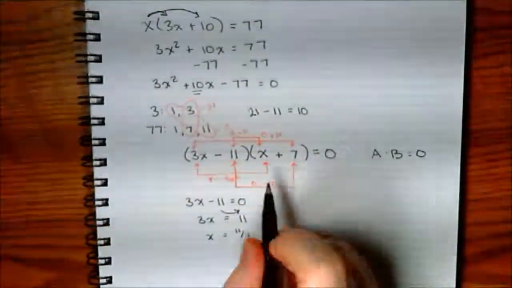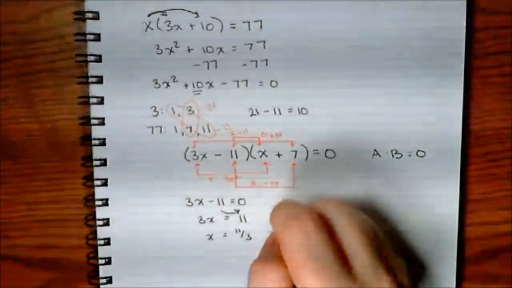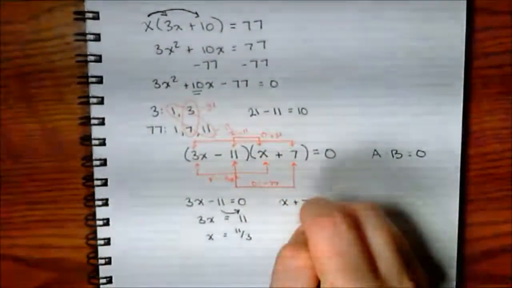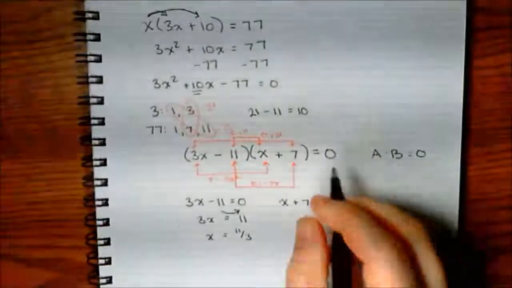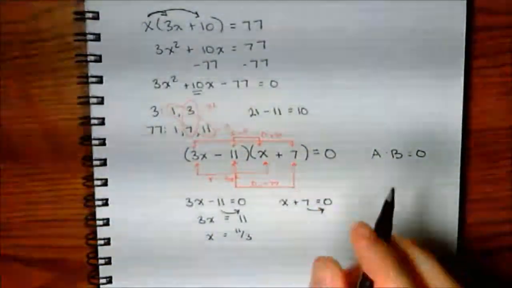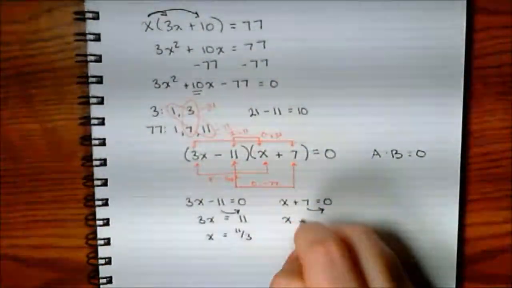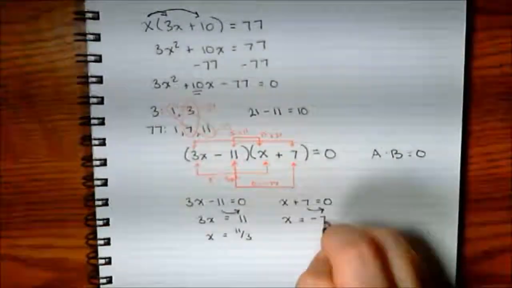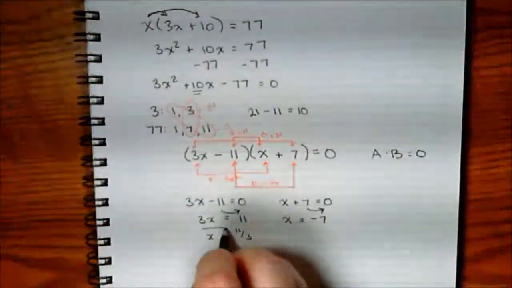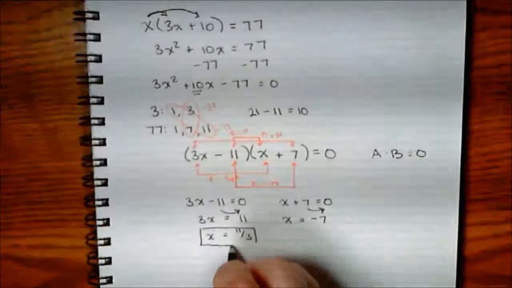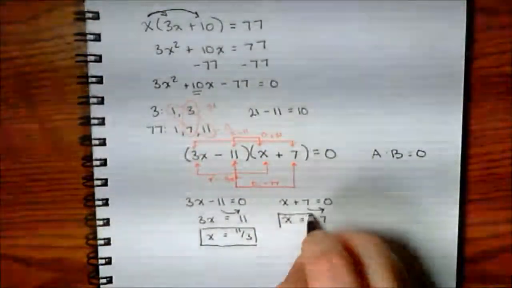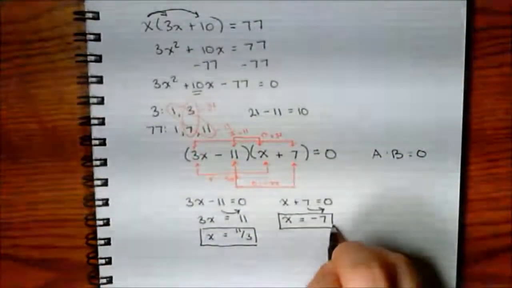Now, when we take this x plus 7 and set it equal to 0, of course, we just have to subtract 7 from both sides of this equation, giving us x equals negative 7. And as always, remember to box your answers so that your teacher knows exactly what you were trying to do.